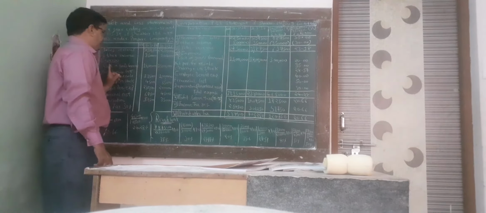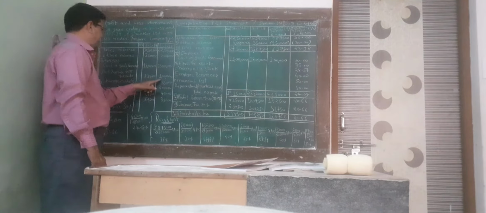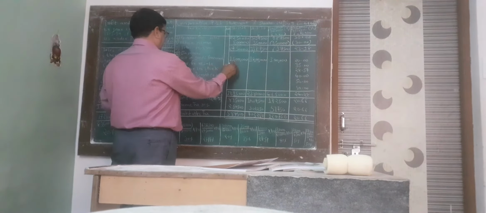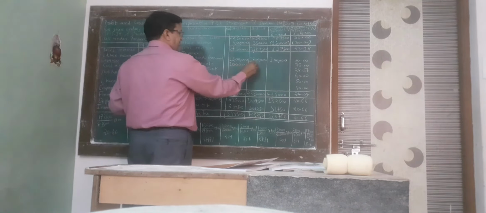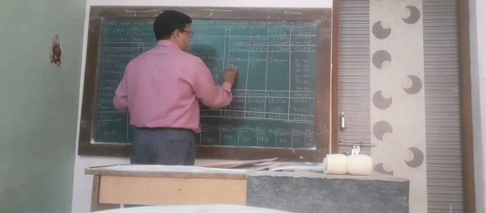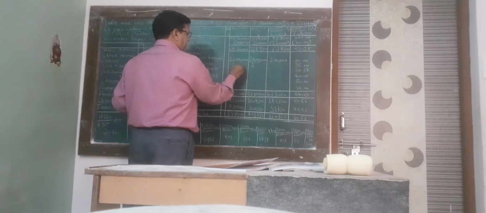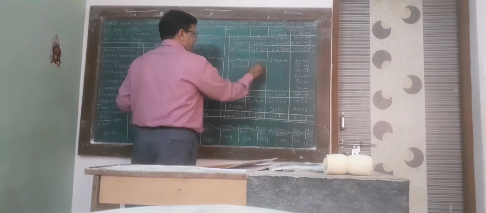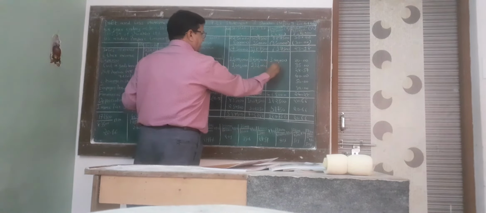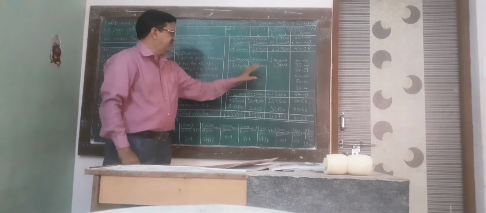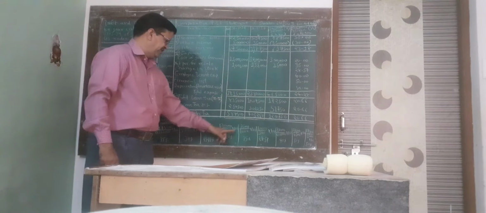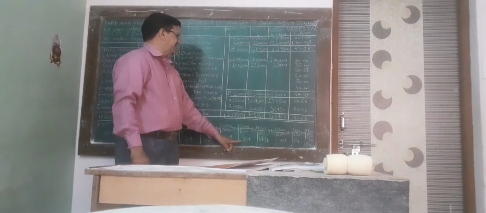Now net purchase for resale: 1 lakh and 1,35,000. The increase is rupees 35,000. And 35,000 by 1 lakh into 100 is 35%.